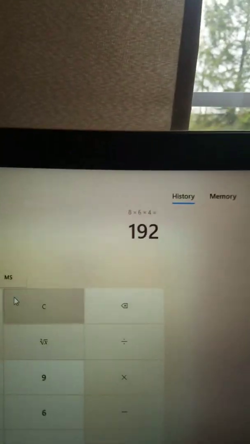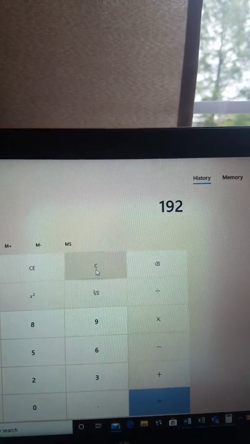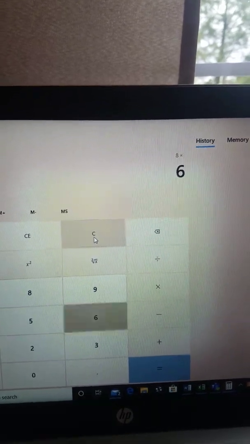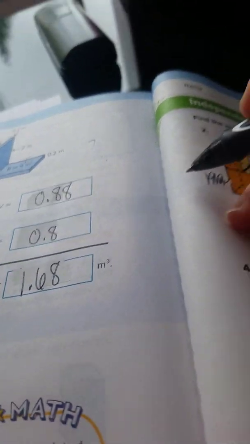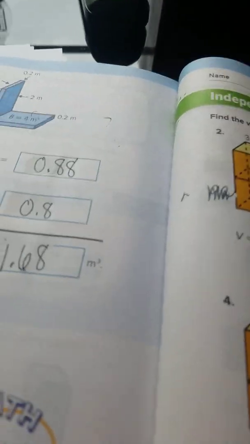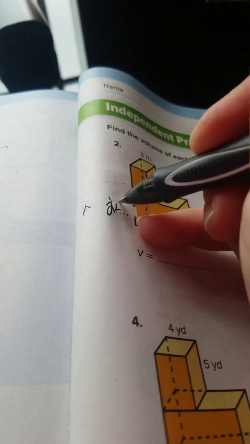I was just looking. I put in 4 on accident. So let me try that again. 8 times 6 times 5, 240. Let me get my white out. Thank goodness I have a few of these in my backpack. This one is 240.